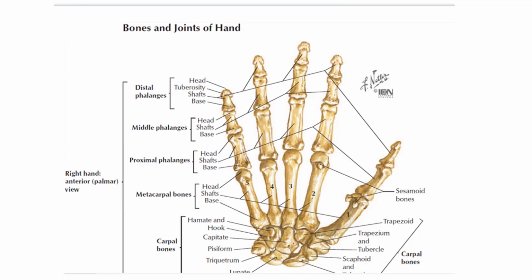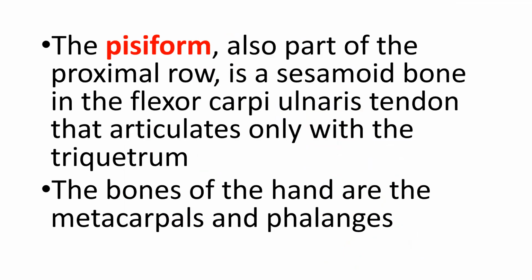You have to remember the carpal lines on X-ray, which I will be talking about later on. The pisiform, also part of the proximal row, is a sesamoid bone in the flexor carpi ulnaris tendon that articulates only with the triquetrum. The bones of the hand are the metacarpals and the phalanges.